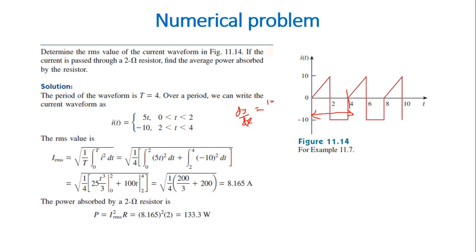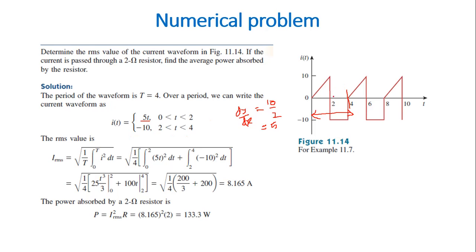And dx is from 0 to 2, that is 2 minus 0, which is 2. So we get the slope value as 5. It is a ramp signal, so it is 5t.